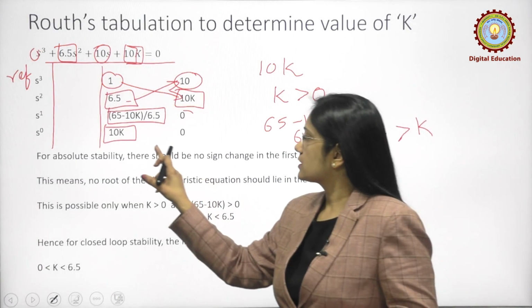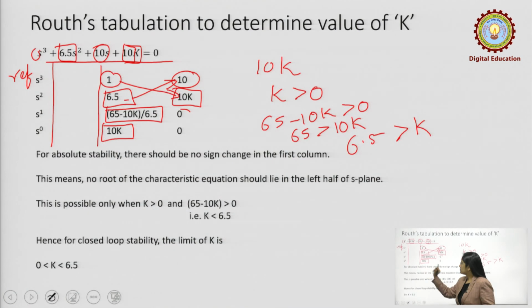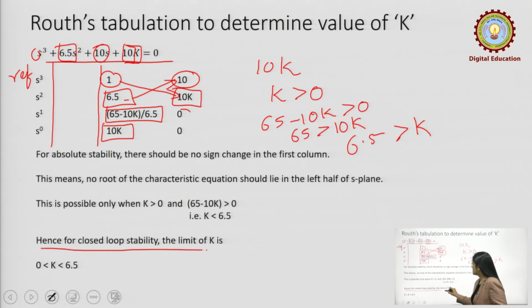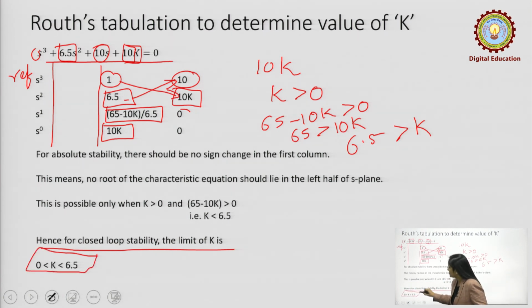So, we have got two conditions here, one that k should be greater than 0 and the other that k should be less than 6.5. This condition is known through the Routh Hurwitz criterion, that the first column elements should all be positive. Therefore, for closed loop stability, the limit of k is that it should lie in the range 0 to 6.5.